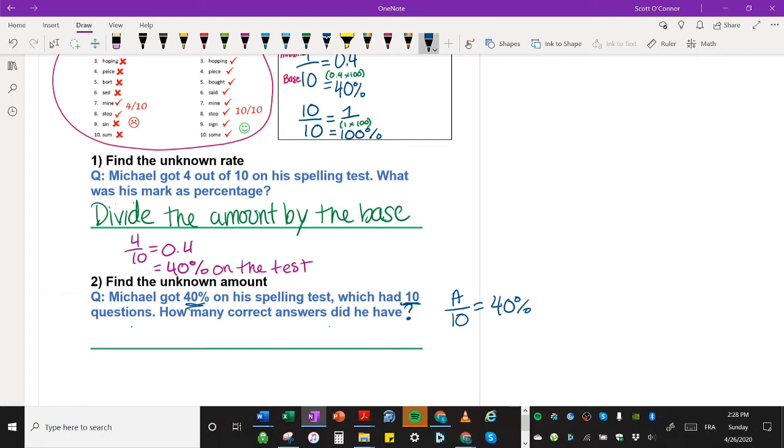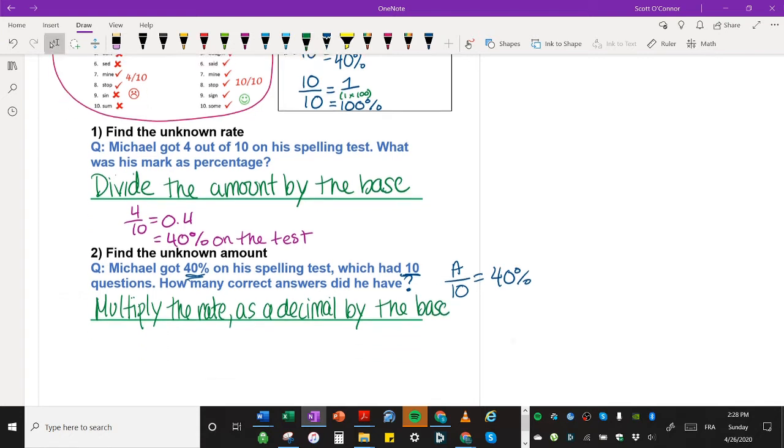Now the way that we solve this kind of question is by multiplying, because really this question is just asking what is 40% of 10. So in order to do that, we have to multiply the rate as a decimal by the base.